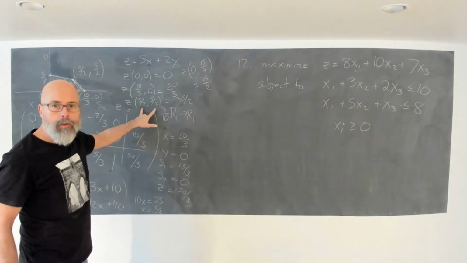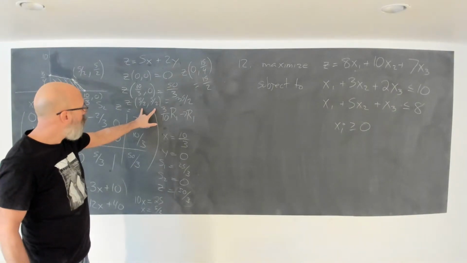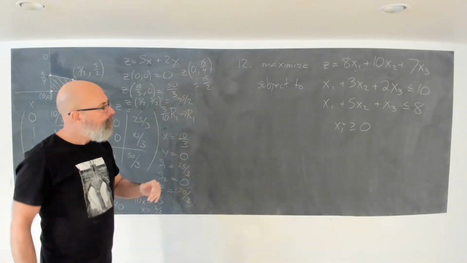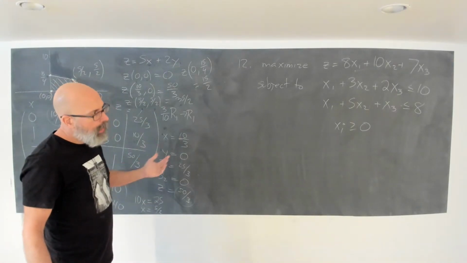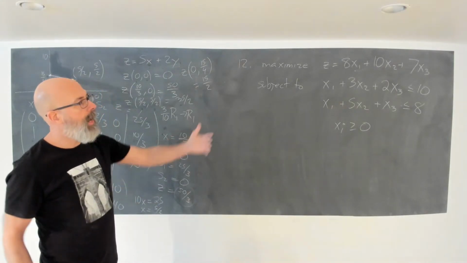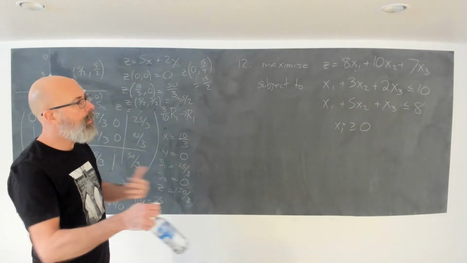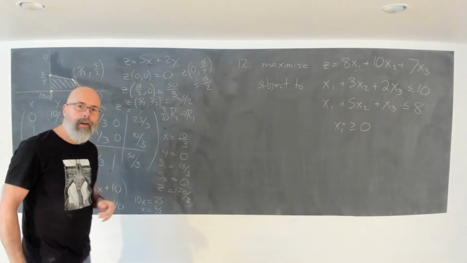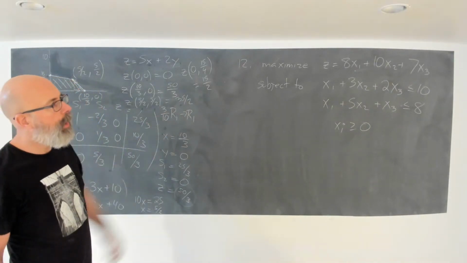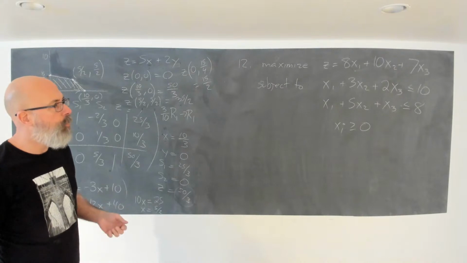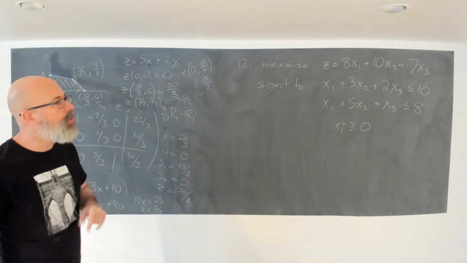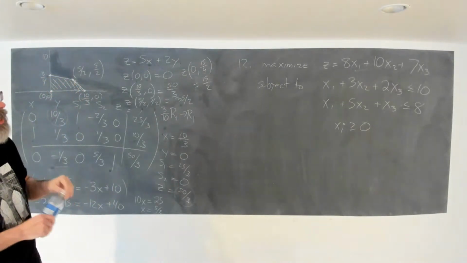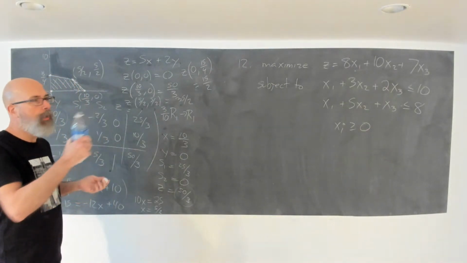Perhaps where that occurs, so at the point 5 over 2, 5 over 2, they could take it up a notch and ask what the slack is. And I think they do that on the web work. But if they don't ask for it, doesn't matter. Let's take this example. Maybe that'll occur here, and we can discuss it then.